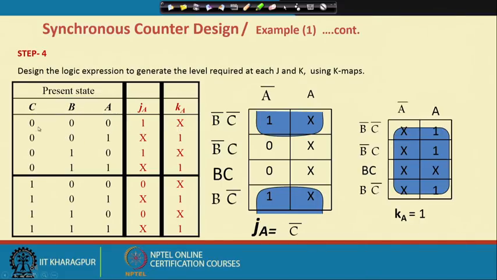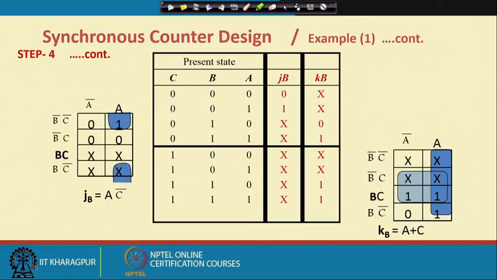That way you write down the truth table, 0 0 0 to 1 1 1, and the corresponding expected values of J A and K A. Then you put it into a Karnaugh map, do minimization, and we see that the function we are getting for J A is C bar and K A is always equal to 1. So, J A equal to C bar and K A equal to 1 is the logic function for the A bit.